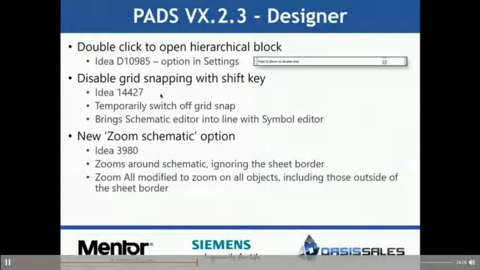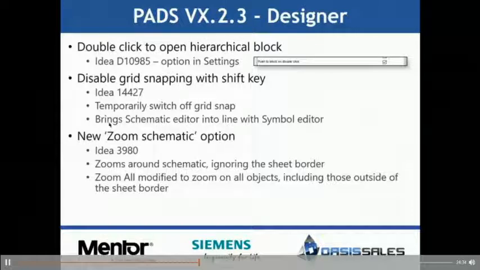Disable grid snapping on the fly. This one's actually kind of nice because sometimes when you move properties and items around, you don't want to adhere to the grid. You don't want to have to go change the grid in order to do it. Now you can just hold down the shift key while you're moving something and it will temporarily disable the snap grid, which is kind of a welcome feature.